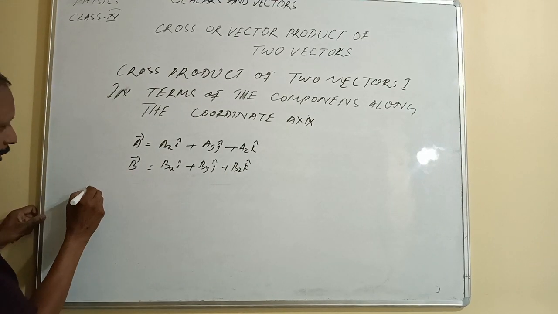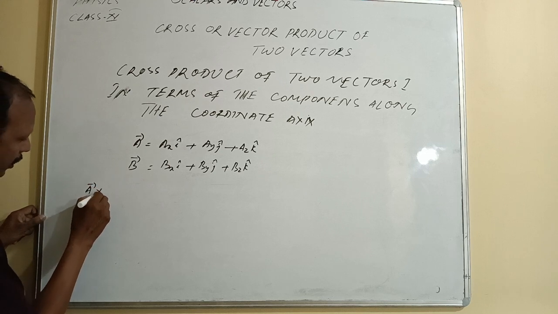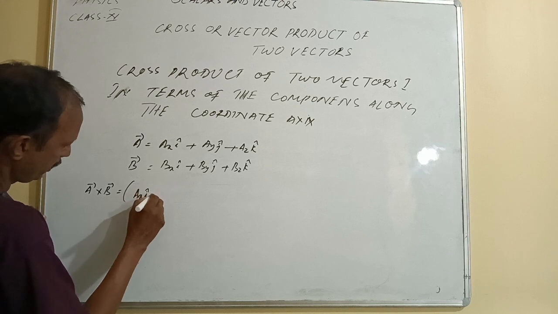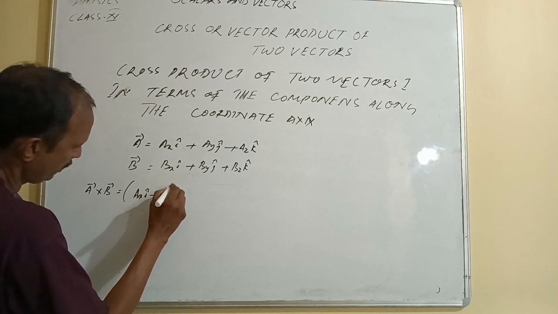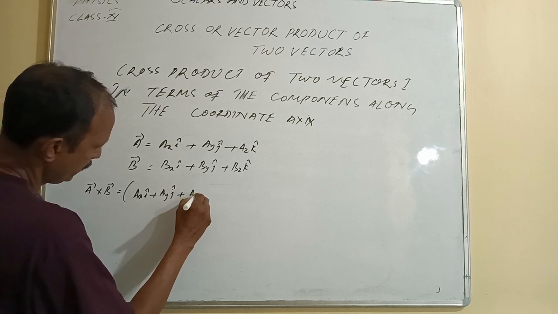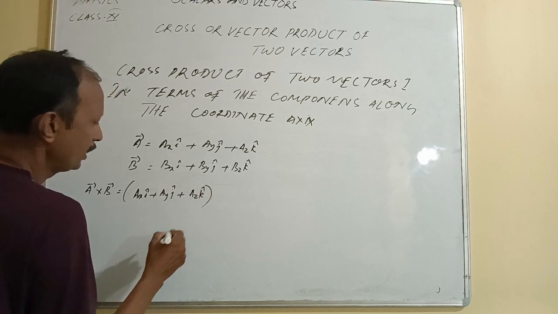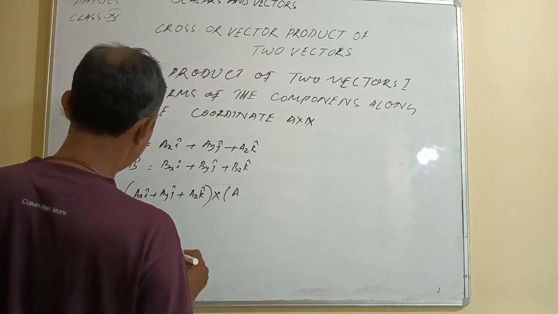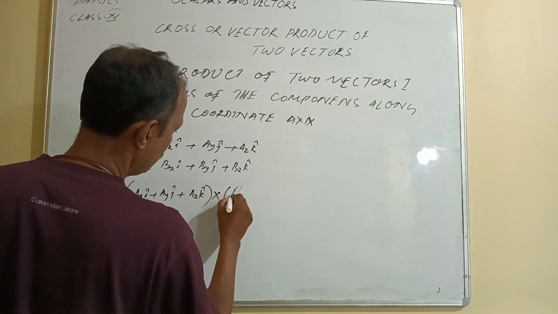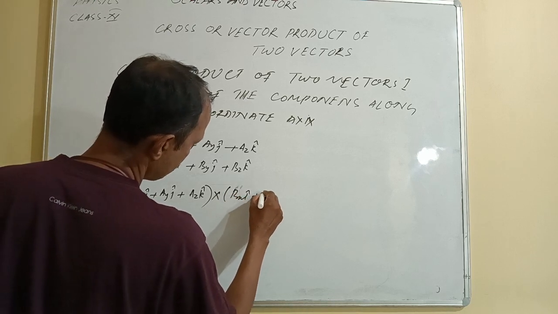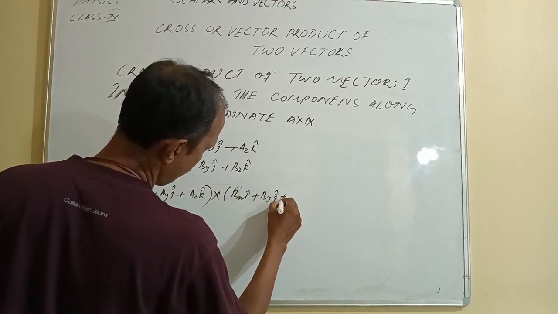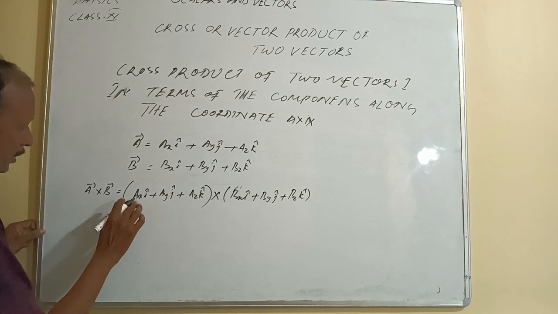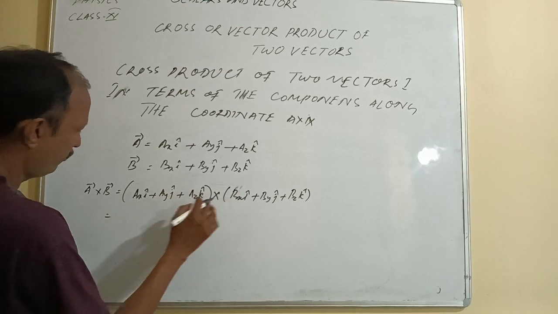Okay. So if I multiply it, A cross B equal to (Ax I cap plus Ay J cap plus Az K cap) cross (Bx I cap plus By J cap plus Bz K cap). Then what I shall write? I shall multiply the first term with each term.